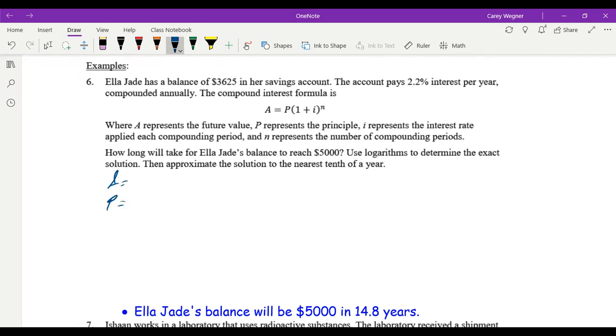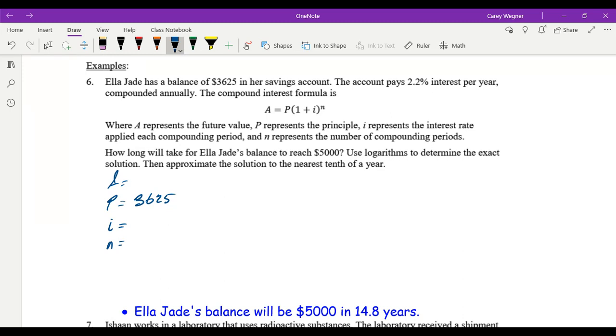We have a P value or principal, that's the initial amount. That's what we're given so far in the question, $3,625. Then we have an i, remember that's the interest rate per compounding period, n, which is a number of compounding periods. Okay, let's continue reading the question.